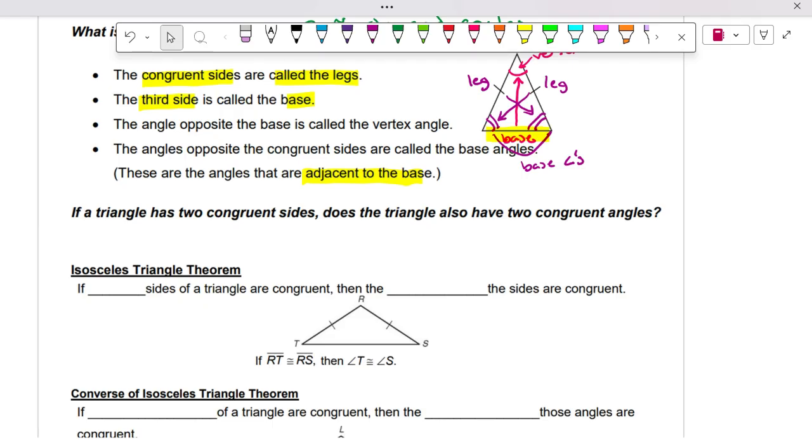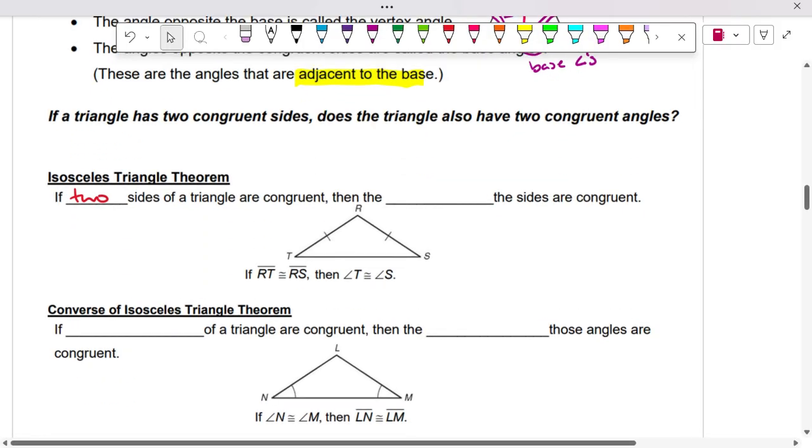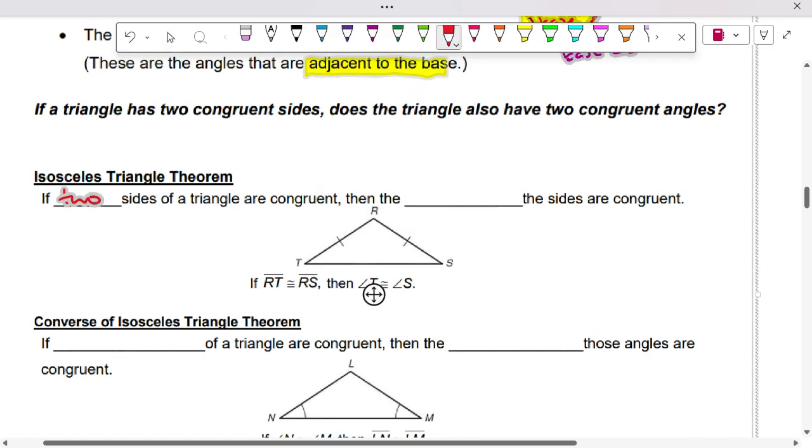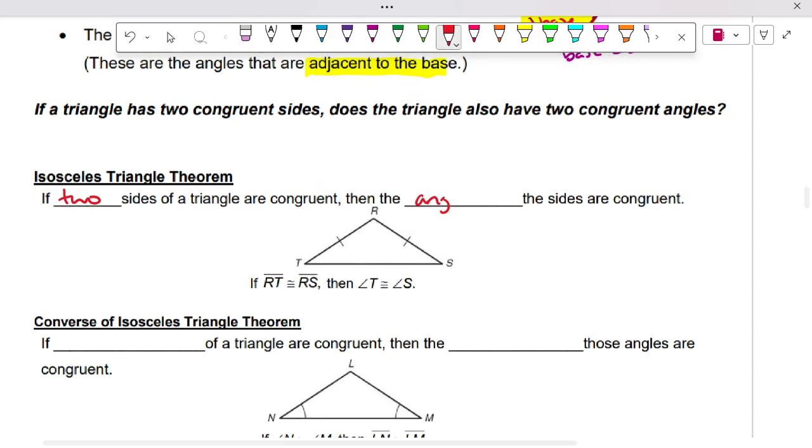So, let's talk about the isosceles triangle theorem. All it states is, if you have two sides of a triangle that are congruent, then the angles opposite those sides are also congruent.